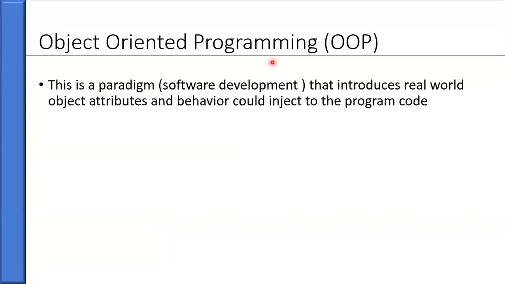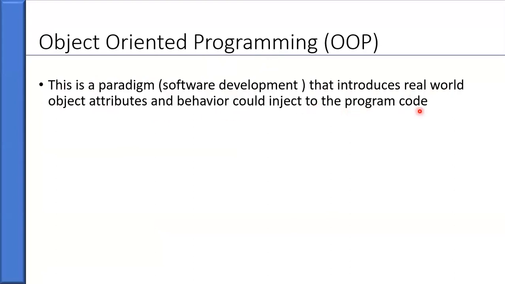Right. Object-oriented programming. I'll just run with this slide, but I'll try to give some sort of understanding. Object-oriented programming is a very powerful concept. This is a paradigm of software development that introduces real-world object attributes and behavior into the program code.